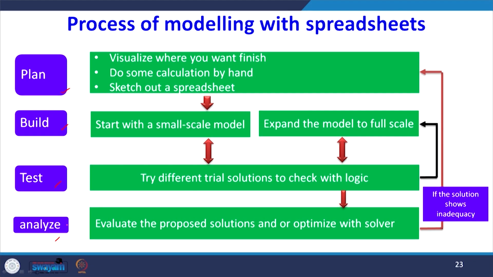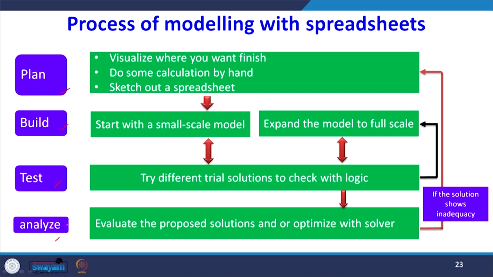You have to visualize where you want to finish. That is the first step. Then you have to do some calculation by hand, so that you will be confident whether the logic is correct or not. Then you have to sketch out the spreadsheet, where should be the input, where should be the output and so on. Then the second stage is build the model.